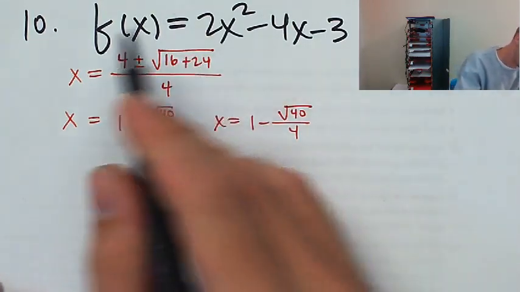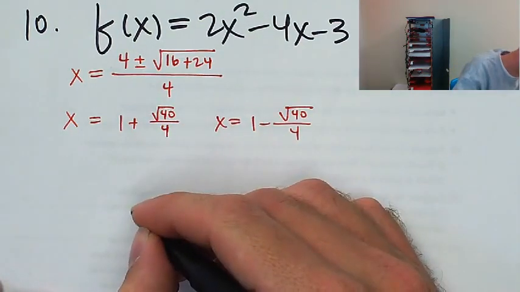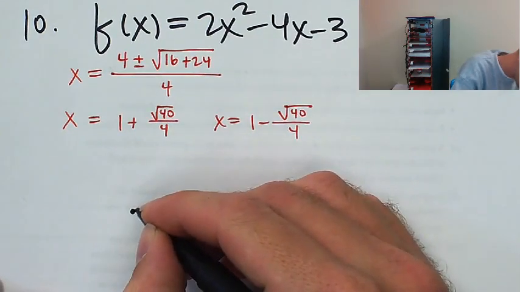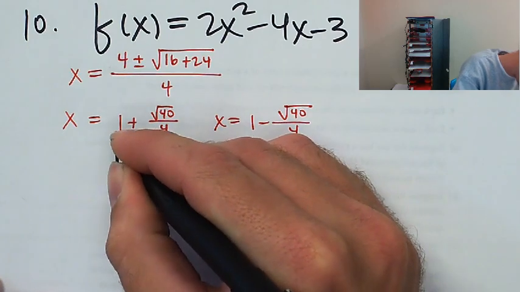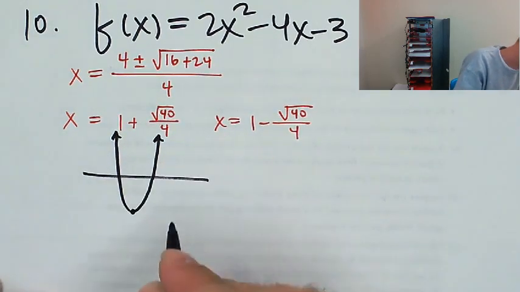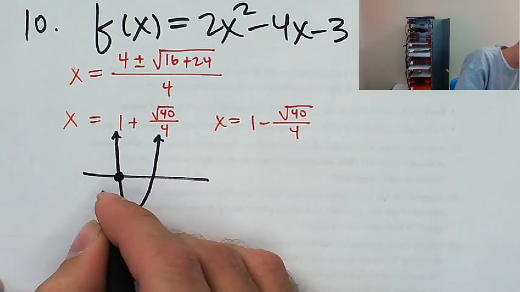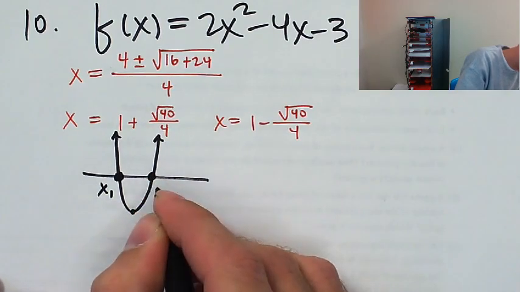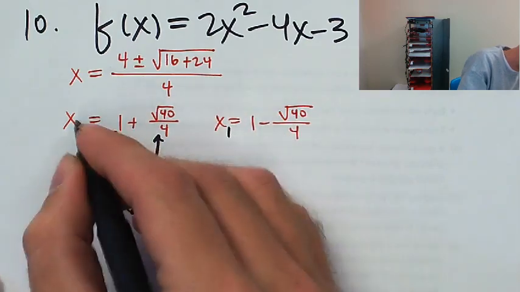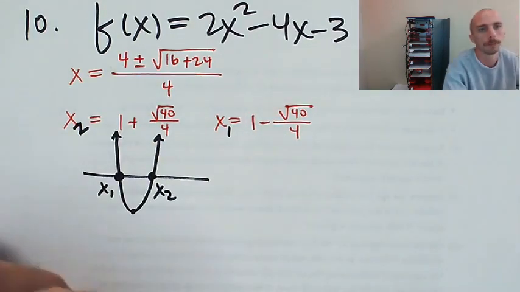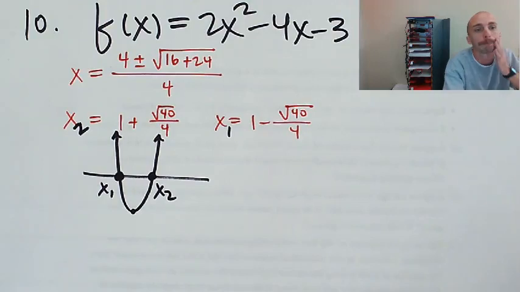But we know this is a parabola that opens up, and it's pretty narrow, so we shouldn't have too much trouble finding the intervals on which it's positive and negative, because we've already got its zeros. I'm just going to call that x1, and that's x2.